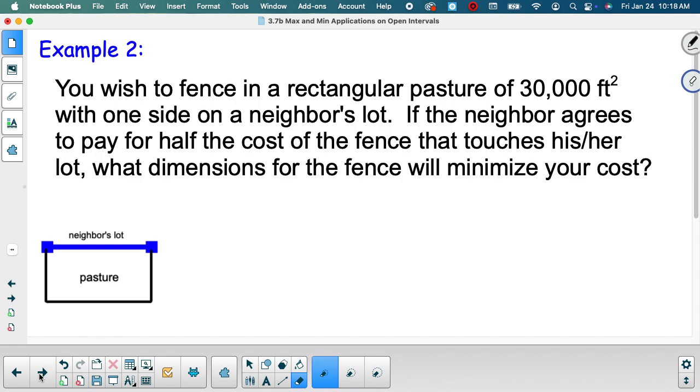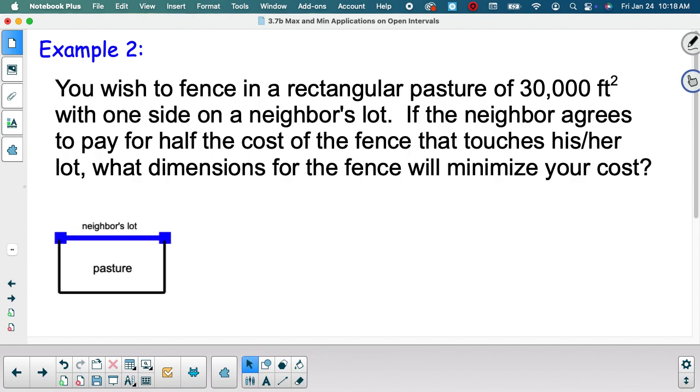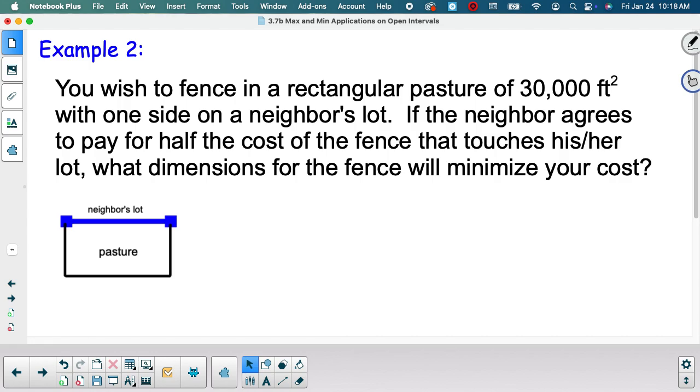So I might draw a little picture. I got a picture here. Again, the neighbor side is going to be different. Now, what I don't know here, they don't tell me what is the cost. It's not like, oh, it costs this much for this side and costs that much for that side. All I know is the side the neighbor is half of the cost.